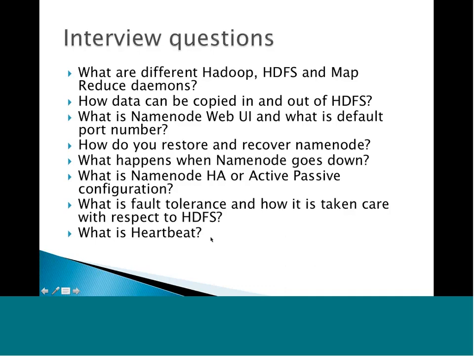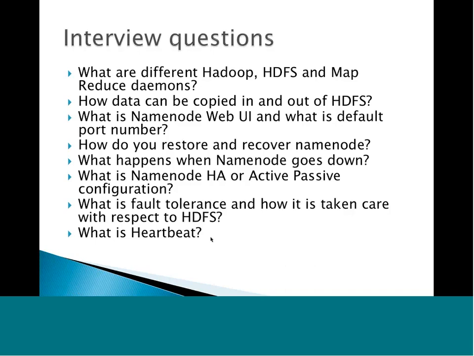And also, what is heartbeat? Heartbeat is the mechanism by which data nodes communicate. Heartbeat is the mechanism used by data nodes to tell the name node that they are live and up and running. If the name node does not hear a heartbeat from a data node for a given interval of time, it will discard it from the cluster, and the name node will not use that data node to store any data until it gets the heartbeat.